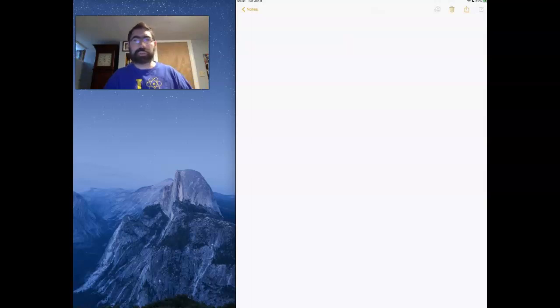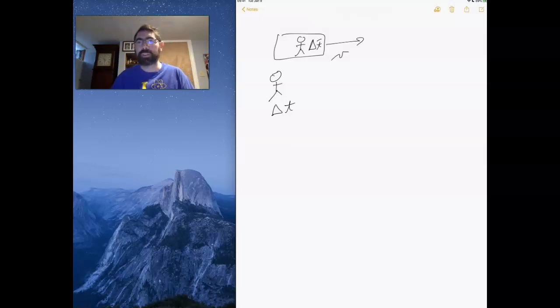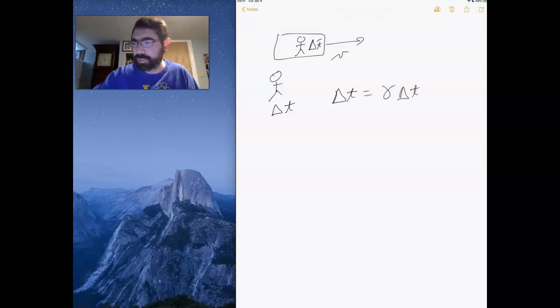If you had two frames of reference, one moving with respect to another with some relative velocity v, then the time measured by the person outside, delta t, and the time measured on the inside, delta t bar, are related by this equation, where gamma is 1 over the square root of 1 minus (v over c) squared.